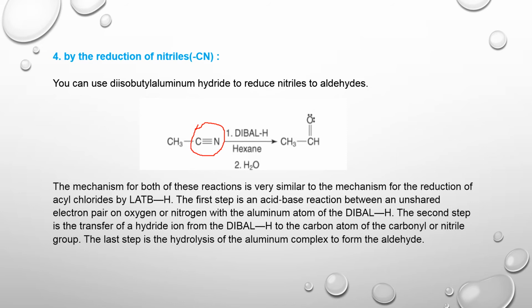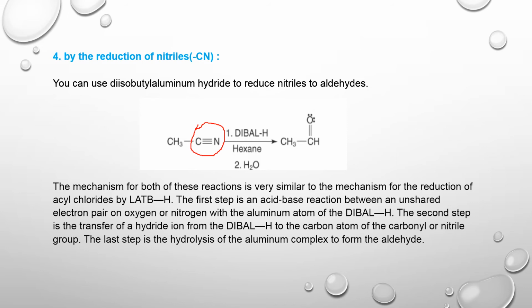There, the reaction takes place between the oxygen of the carbonyl and LATB hydride, but in the case of nitrile, the unshared electron pair on the nitrogen reacts with DiBAL hydride.